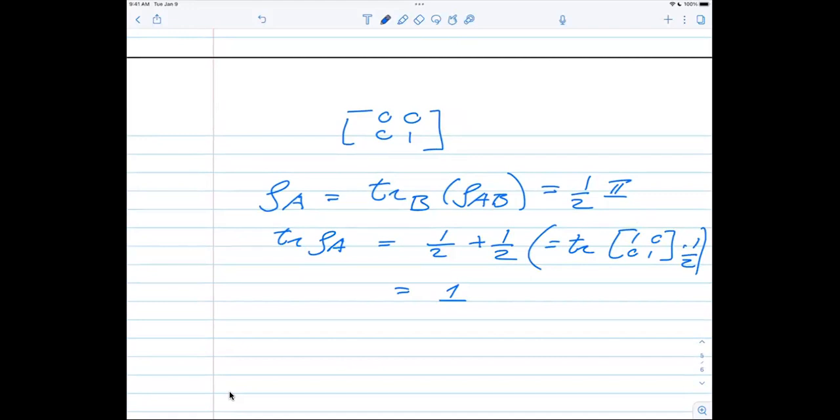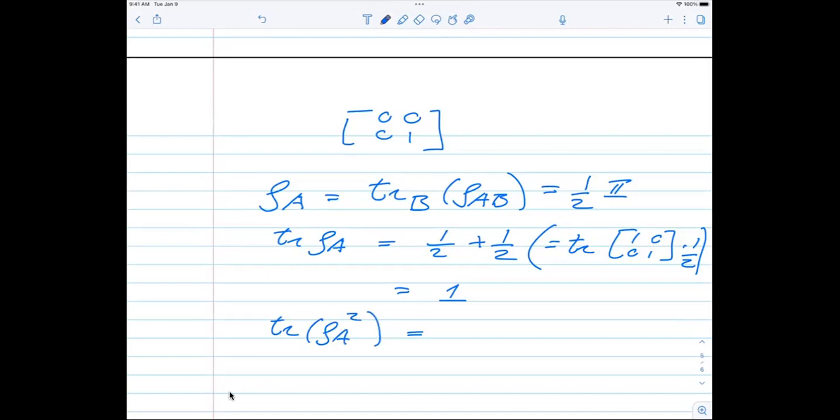Now, there's another thing which is very important for us, and that is the following. If I look at the trace of the density matrix squared for this specific subsystem, so if I take the trace of rho A squared, this is not equal to 1.